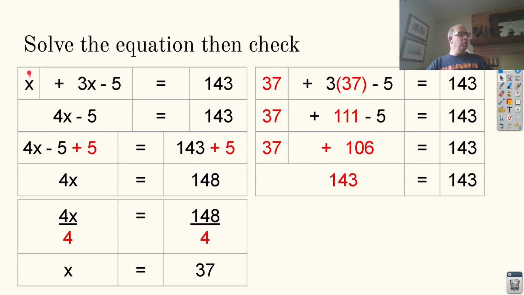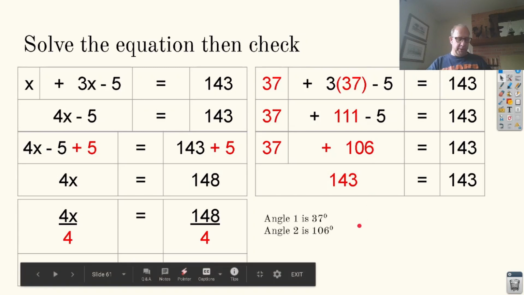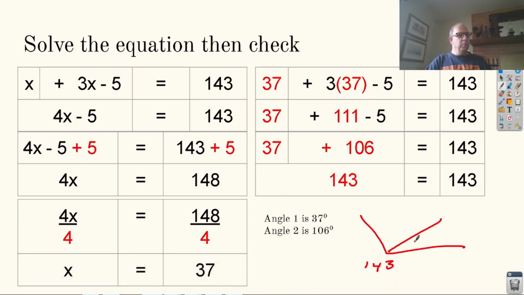Now I do know one of those is x, that's 37, and the other is 3x minus 5. So the other one is 106. So my first angle is 37, my second angle is 106, right? If we go back to our drawing, 143, this one was x, which we found was 37.